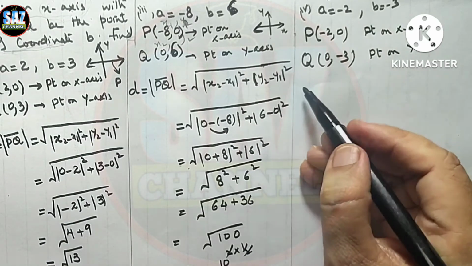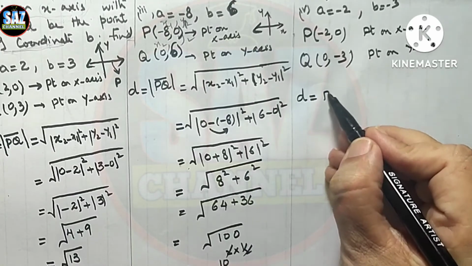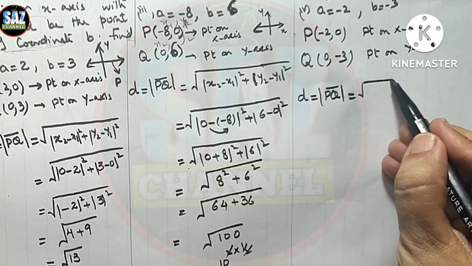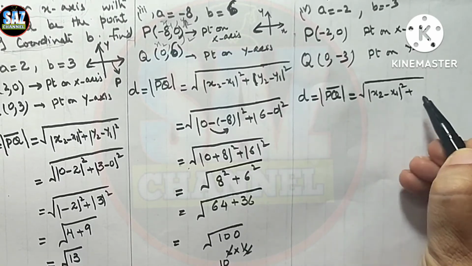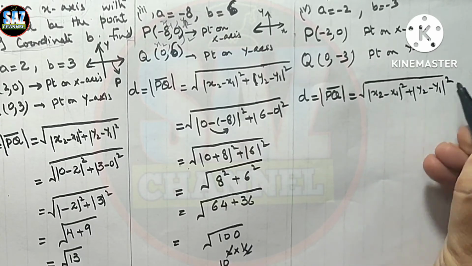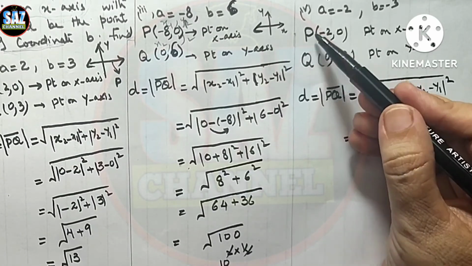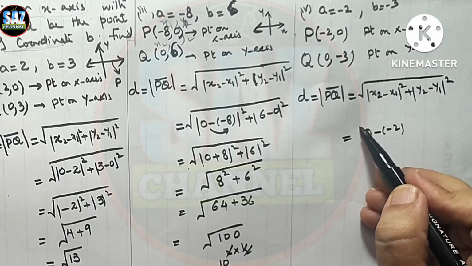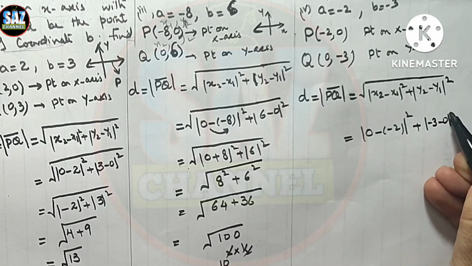Now write down the formula. Students, hurry up. I know you are clear about the formula. Distance PQ equals the square root of (x2 minus x1) whole square plus (y2 minus y1) whole square under the root. Now I have to take the difference between the x values. This will become (0 minus minus 2) square plus (minus 3 minus 0) square.